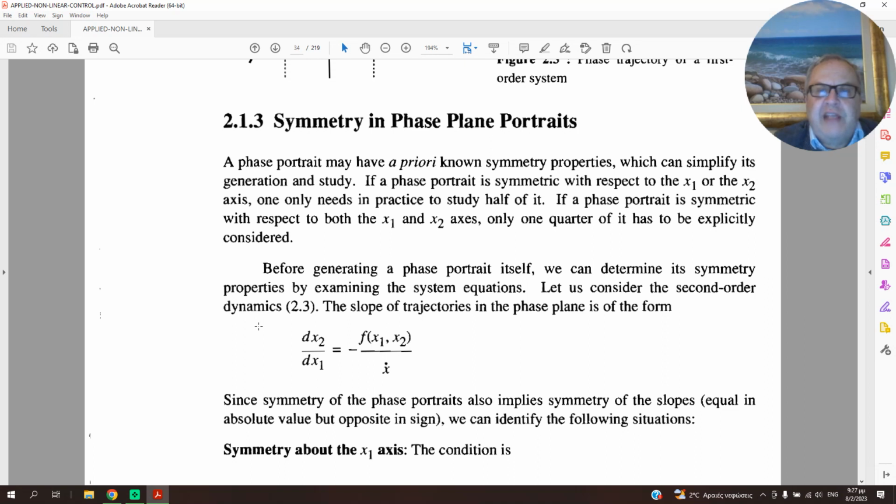Before generating a phase portrait itself, we can determine its symmetry properties by examining the system equations. Let us consider the second order dynamics of equation 2.3. The slope of these trajectories can be found by this mathematical formula. Why do we have this?